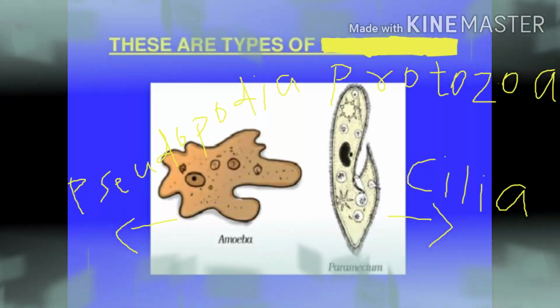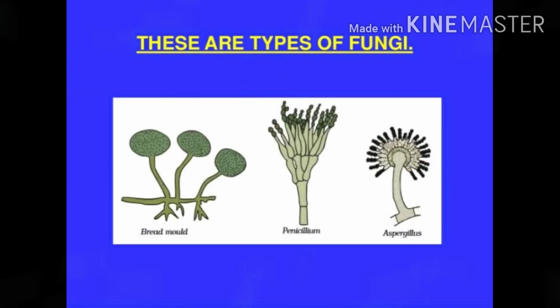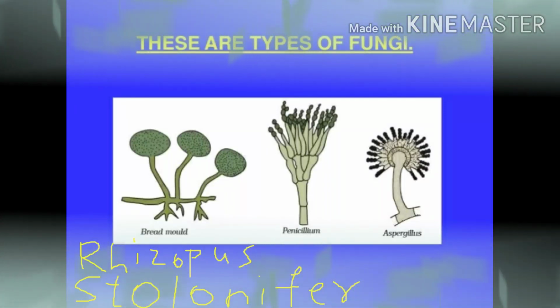Next, types of protozoa, amoeba and paramecium. Amoeba is one of the irregular shaped microorganisms. Here the locomotory part is pseudopodia. Next, paramecium is one of the protozoans. Here the locomotory part is cilia. Next, types of fungi. First one, bread mold. Next, penicillium and aspergillus.